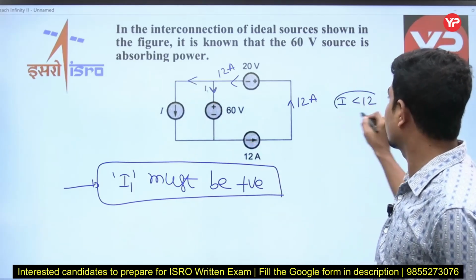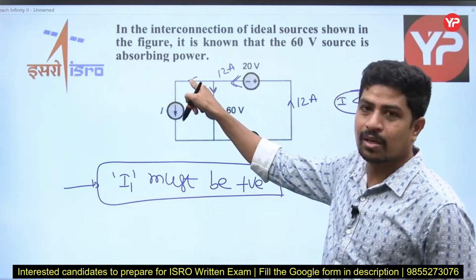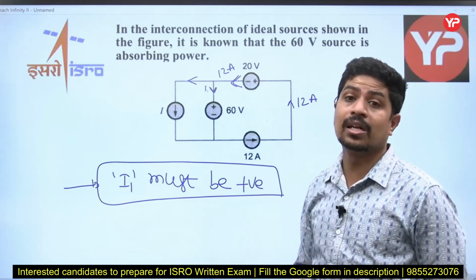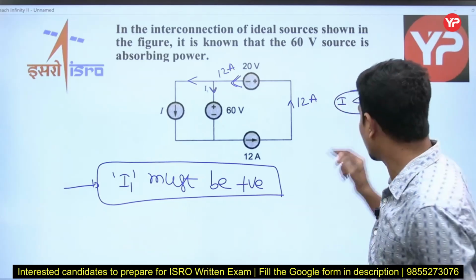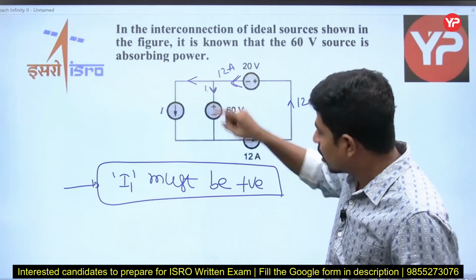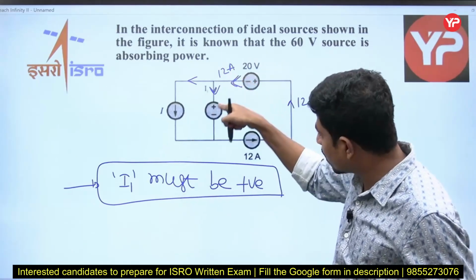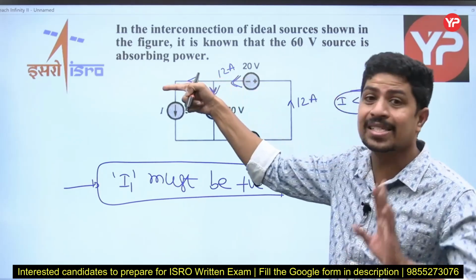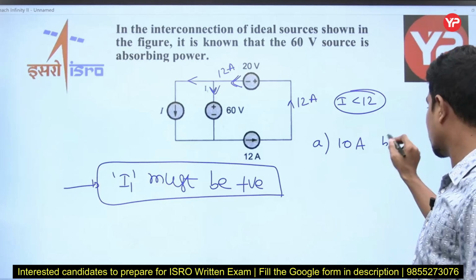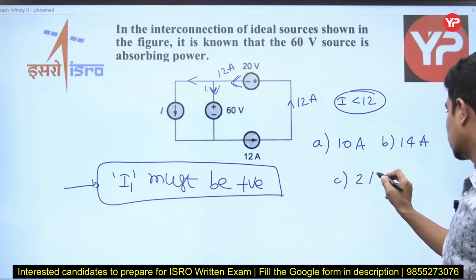If it were 13, then one should come from the 60 volt source, which is not correct when it is absorbing power. 12 amperes is coming, some I amperes is going, so I1 should go down. The options are: A, 10 amperes; B, 14 amperes; C, 2 amperes.